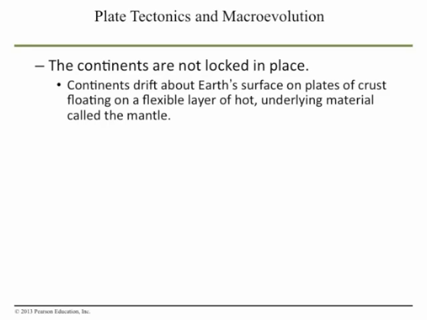So continents are not locked in place. And this is another thing that's hard to imagine because they don't move very rapidly. They move very, very slowly. But if you give them millions of years, there's dramatic changes. And I'm going to show you some pictures of where the continents were. So we now know we're living in North America.